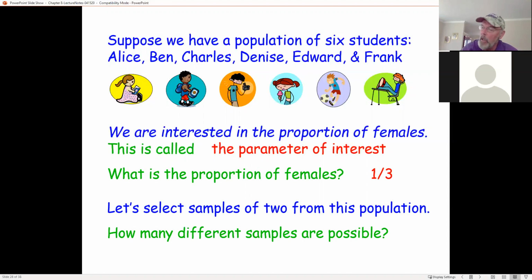And so what this exercise is meant to do is sort of try to get all the different samples that we can get from a population of 6 people and a sample size of 2. I know that we went through this last time we met, but I want to re-emphasize it.